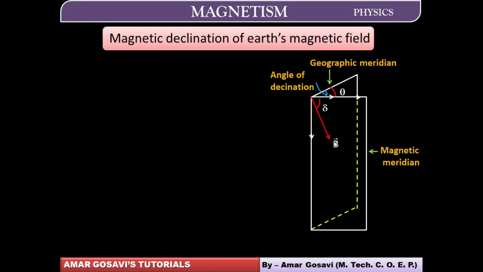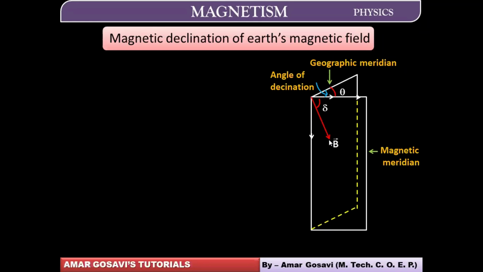Now, because Earth's magnetic field is a vector quantity, we can resolve this vector into two components as per the concept of resolution of vectors which we have studied. Adjacent to delta will be the cosine component and perpendicular to delta will be the sine component. So one component will be the horizontal component and the other will be the vertical component.